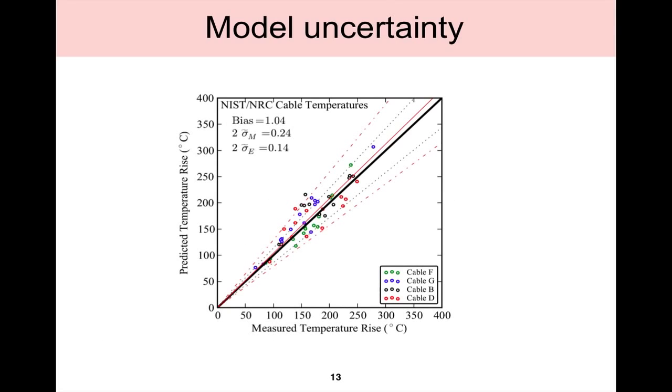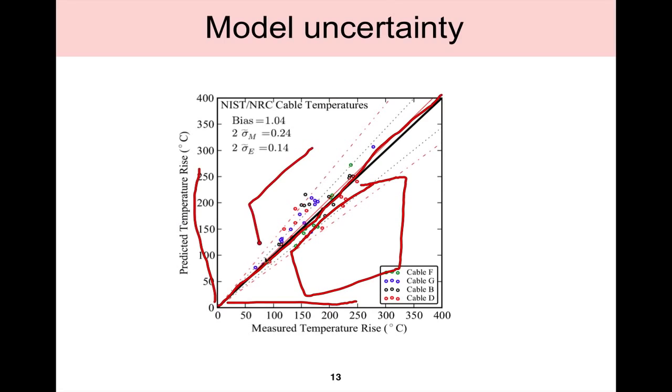One sort of plot or conceptual visualization of this is the scatter plots that you'll see in the validation guide and in different articles about model uncertainty, fire model uncertainty, where on the x-axis you have the measured temperature and on the y-axis you have the predicted temperature from the model, and then you have this line going across where points that lie below this line are being underpredicted by the model, and points above this line are being overpredicted by the model.